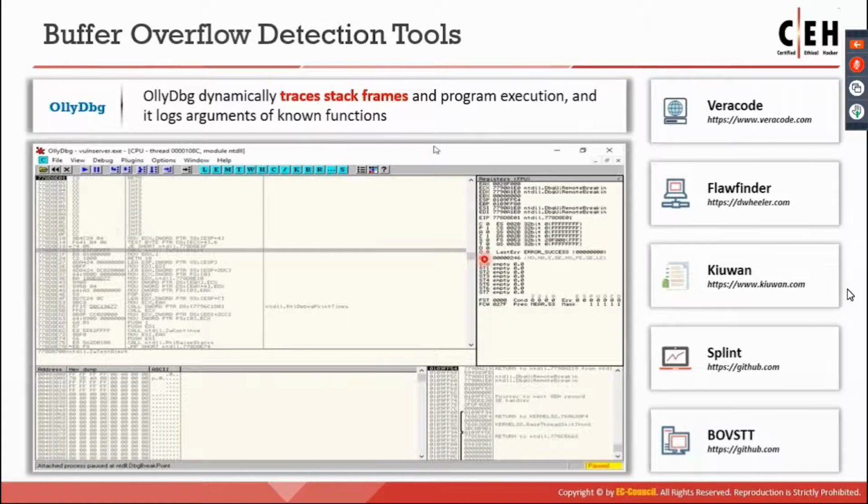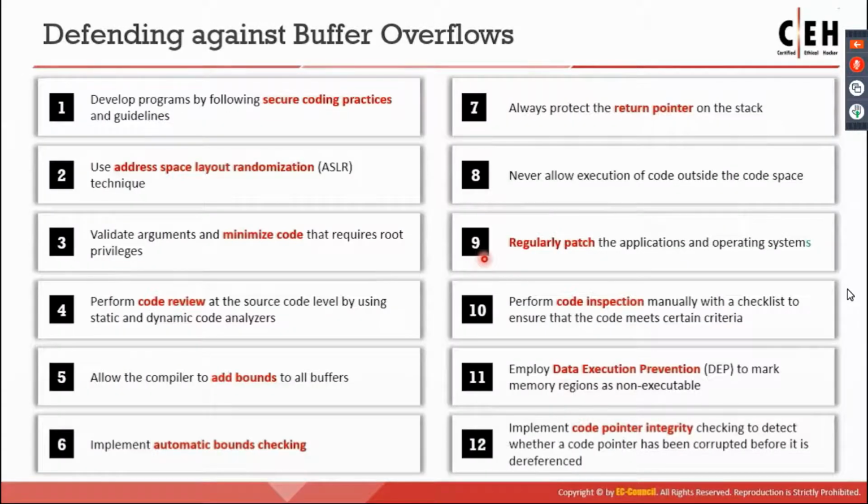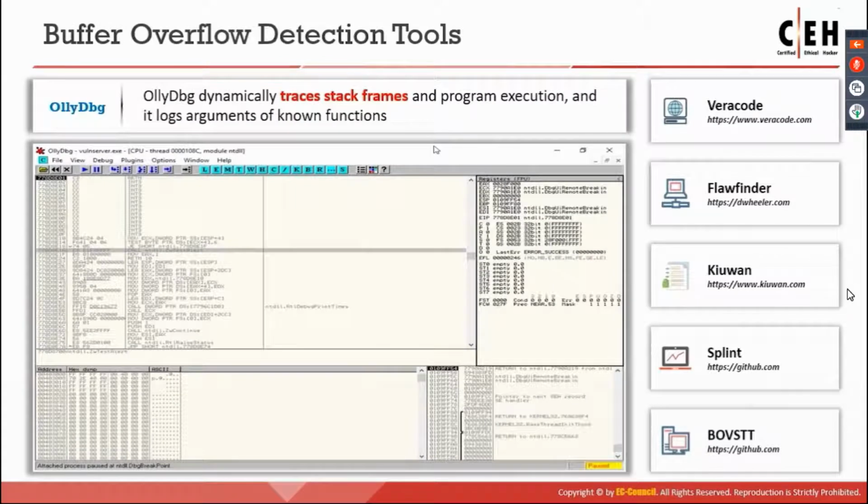What an attacker is going to do is scan your executables and use tools like OllyDbg, Veracode, Flawfinder, Splint, and others to find vulnerable programs, vulnerable DLLs, vulnerable binaries, and then execute a buffer overflow attack.